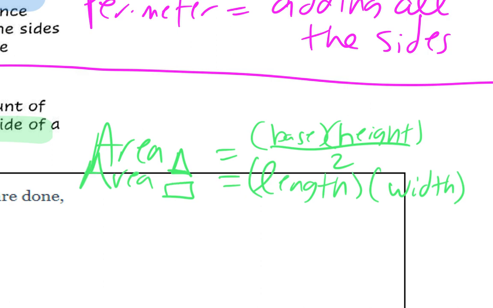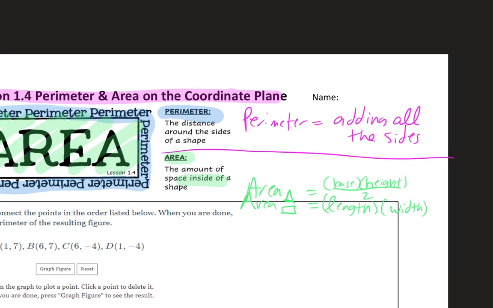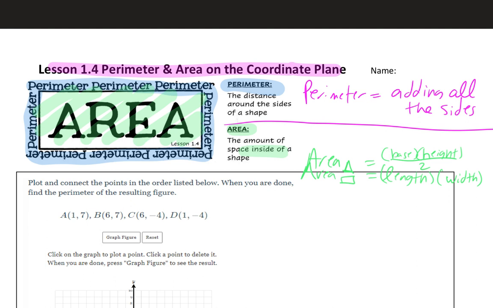Let's go ahead and highlight those just to remind ourselves. The blue is going to be the perimeter, so that's adding all the sides, and then the green is going to be the area. So the first one is going to be the triangle, second one is going to be the rectangle. Okay, so keeping that in mind, let's get right into some problems.